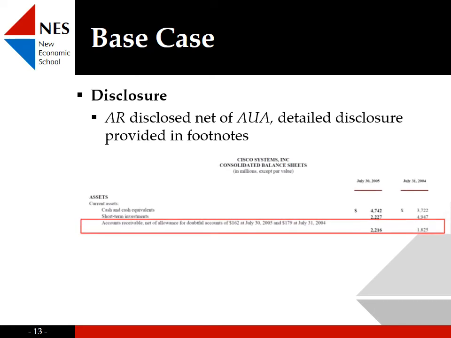You probably know that if you open the annual report of a company, then the company will report the level of accounts receivable net of the allowance for uncollectible accounts.